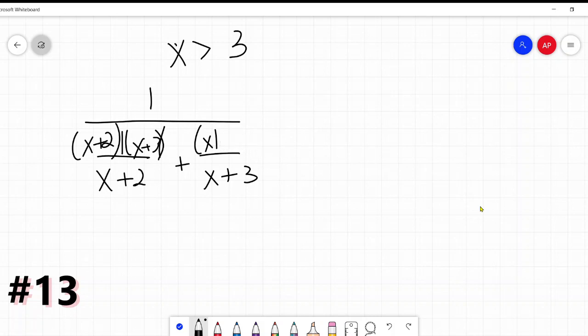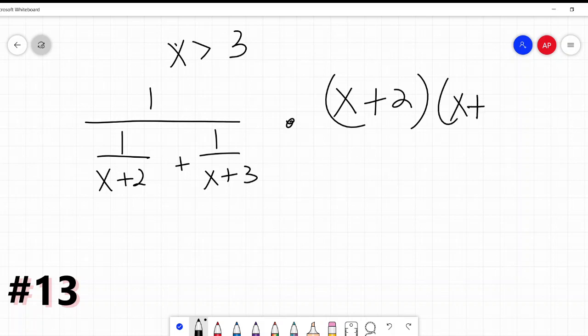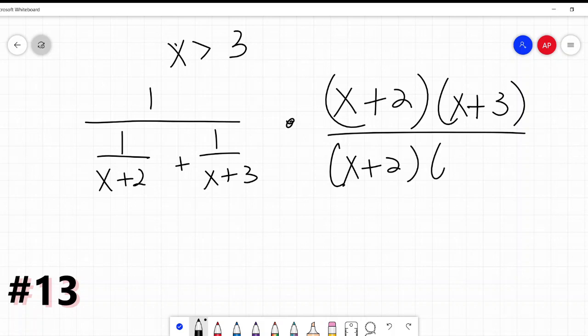To get that to happen, this one's a little more confusing, I know. You need to multiply this whole thing by x plus 2 times x plus 3 over x plus 2 times x plus 3.